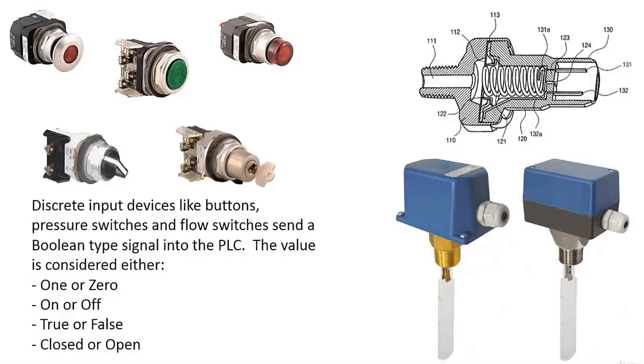But we also hear them described as being on or off, true or false, open and close, black or white. These devices are one of two states at any time, and that makes it so simple for programming.